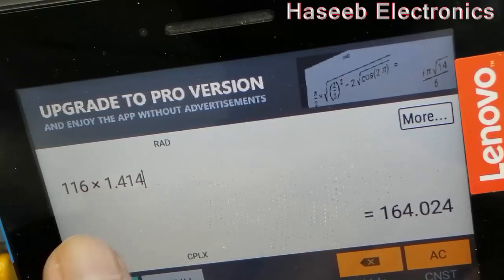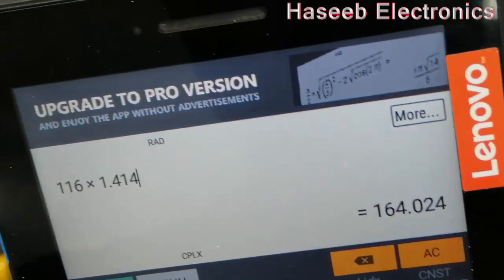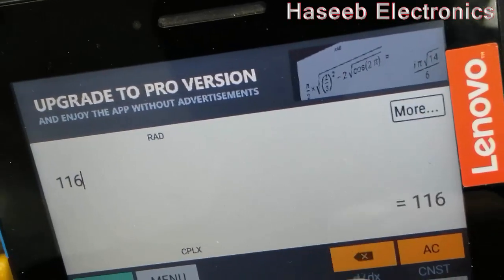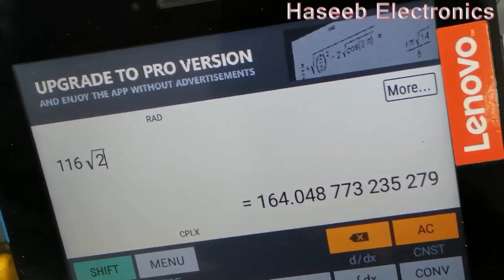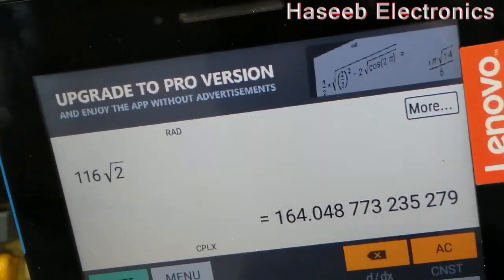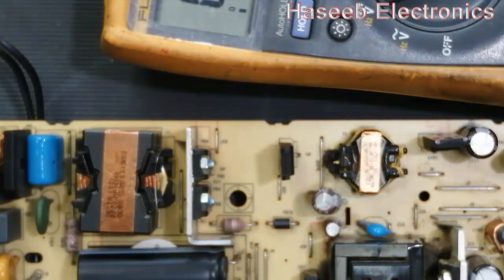This is our 116 volt input, and the peak at the capacitor must be 164 volt. But now we are taking 411 volt, 410 volt DC.